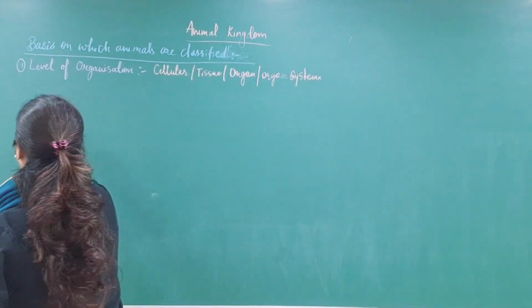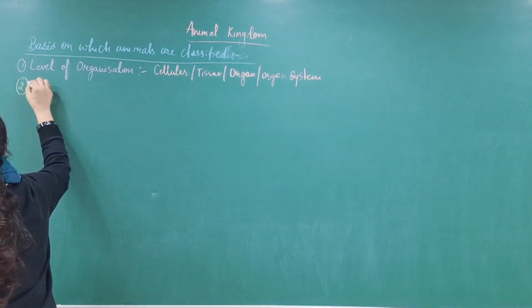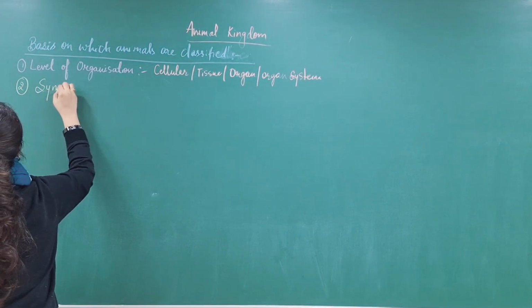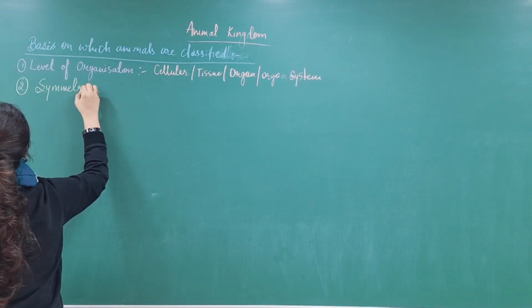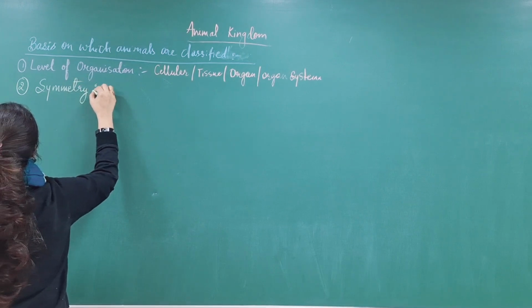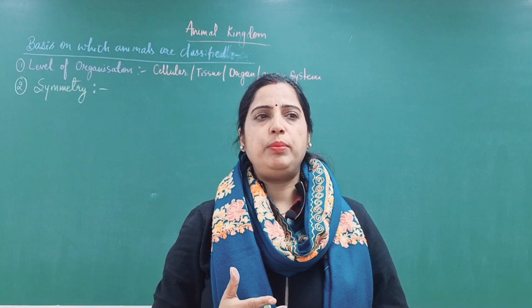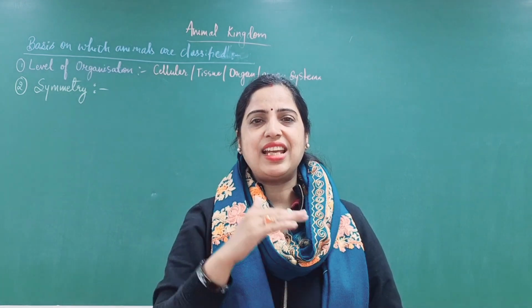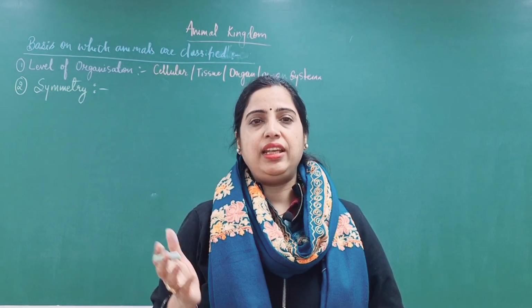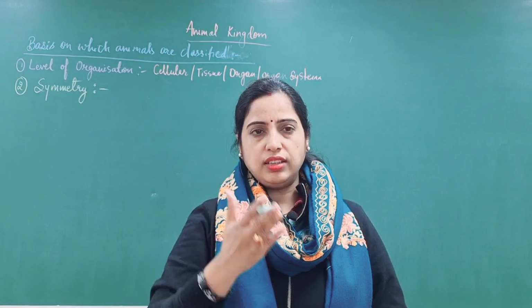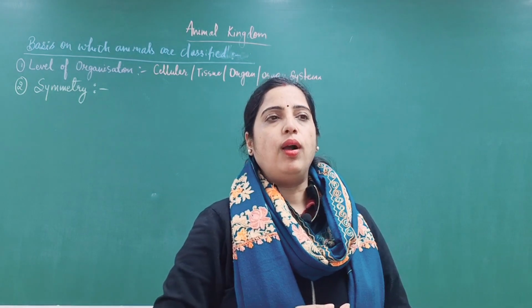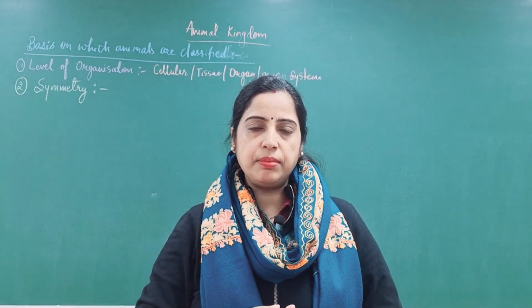Now the second basis which you should know is symmetry. What do you understand by this term symmetry? If an organism can be dissected on any plane along the diameter, it is called radially symmetrical.